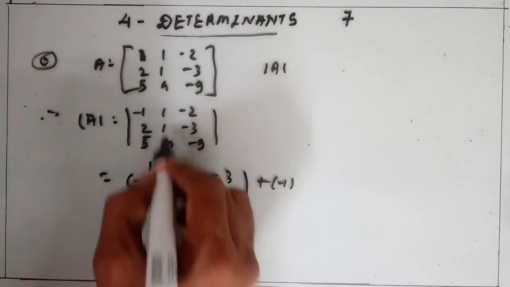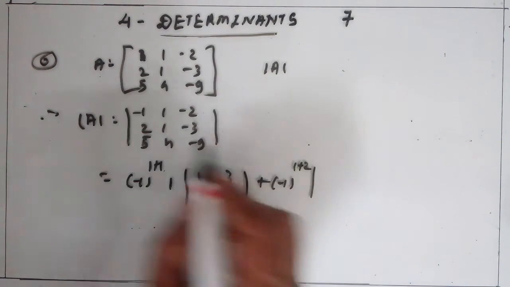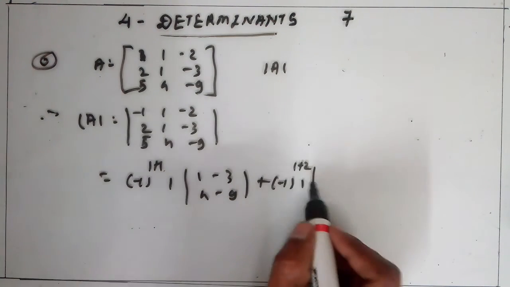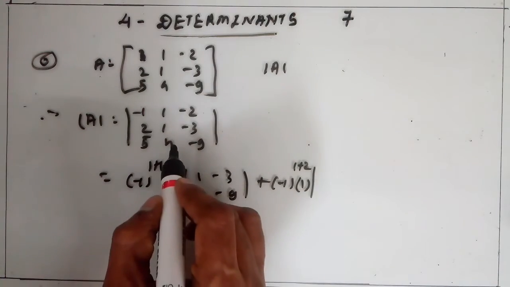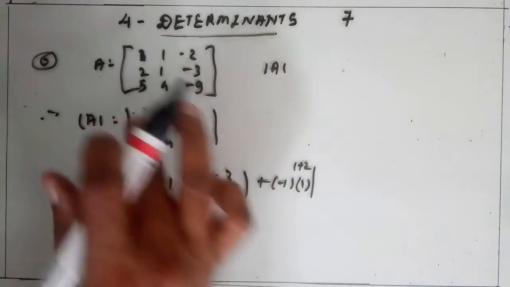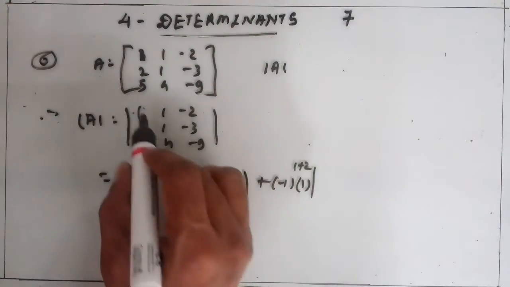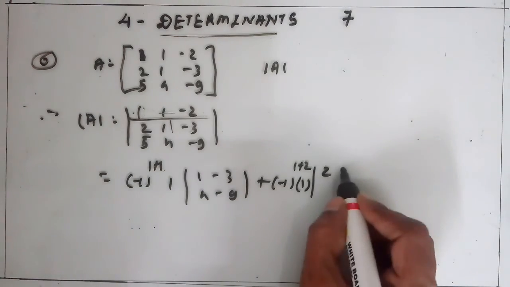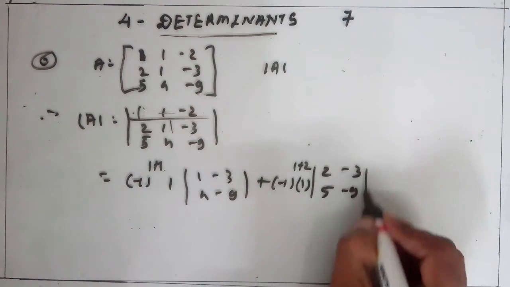Plus minus 1 raised to... 1 lies in the first row and second column. So 1 plus 2, into 1, into this determinant. Remember this, removing this row and column, we get 2, minus 3, 5, minus 9.